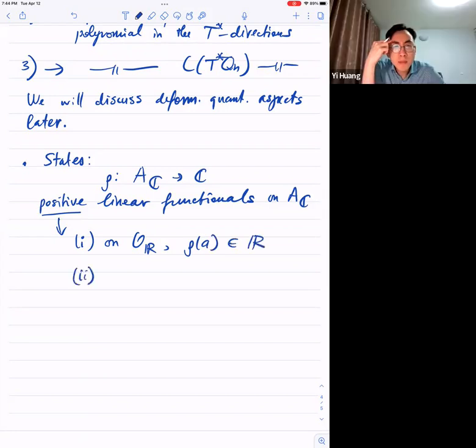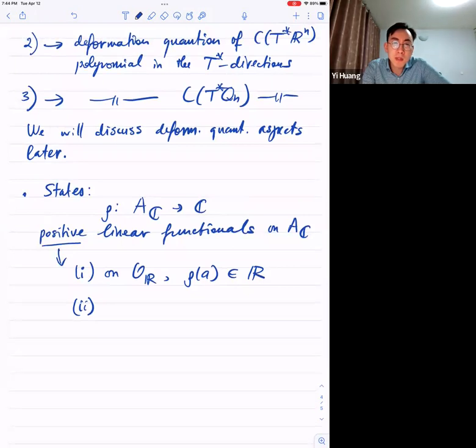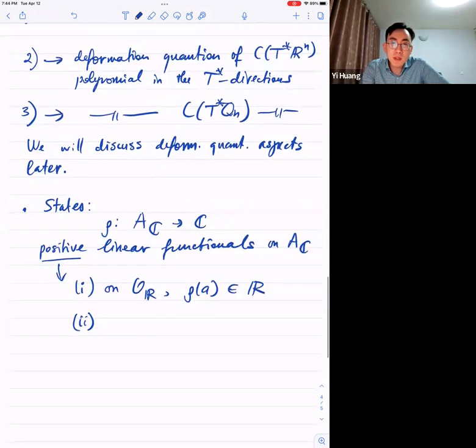Sorry, just to backtrack to point number three, which gives deformation quantization of the cotangent bundle of Qn. What does it mean to take polynomials in the cotangent direction for the cotangent bundle of Qn?